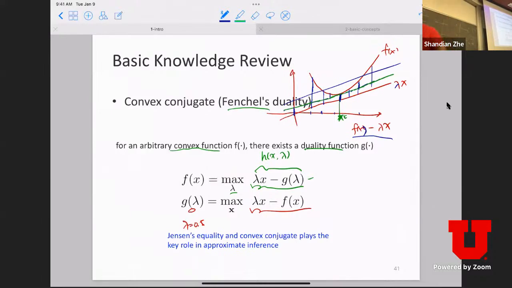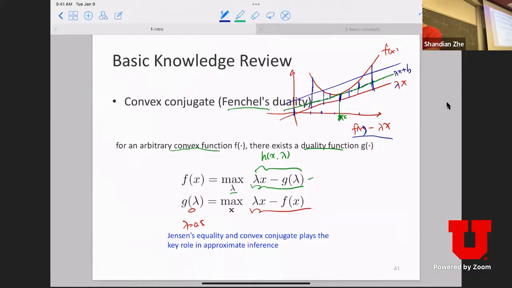But yeah, you can keep moving, but the problem is that you want to find the distance between f of x and lambda x which gives you the smallest. If we keep moving, the value becomes small? No, if you keep moving, they won't change the distance between f of x and lambda x. This line is not lambda x, it's lambda x plus some intercept b.